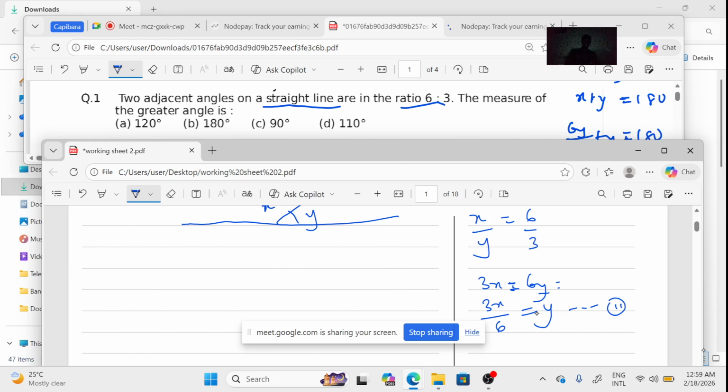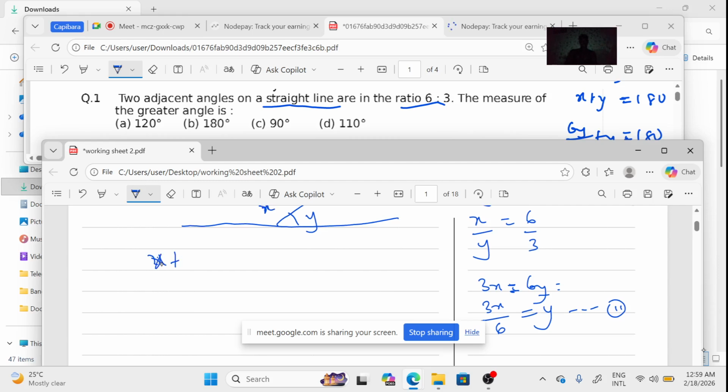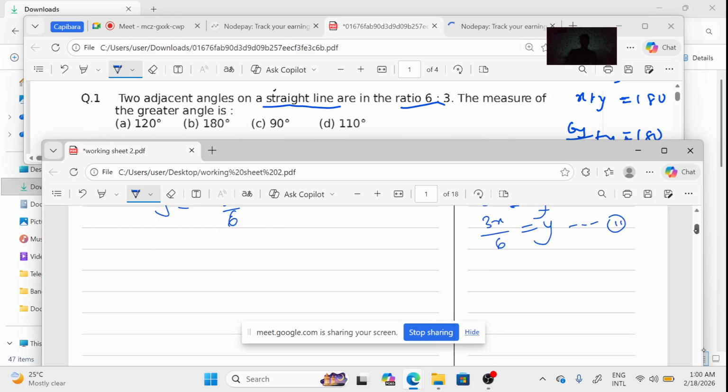Do you get that? So now, x plus y equals 180. Now I have my y to be equal to 3x over 6. So let me just use the value of y that I have.